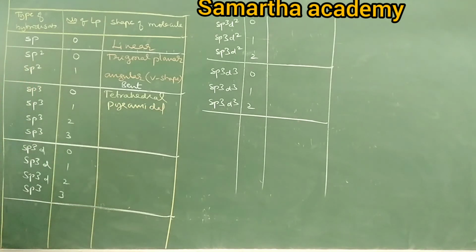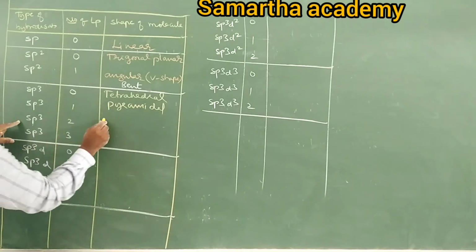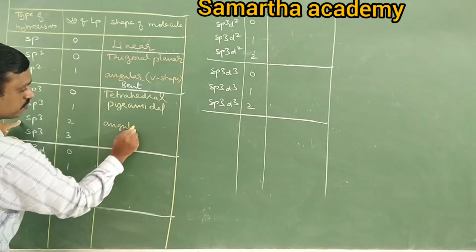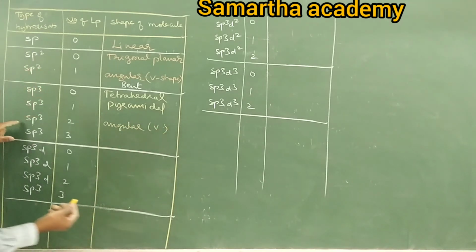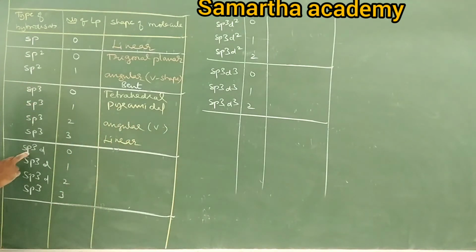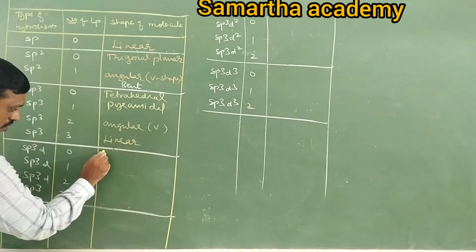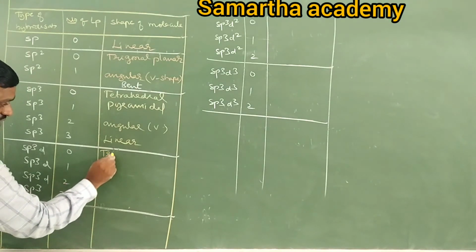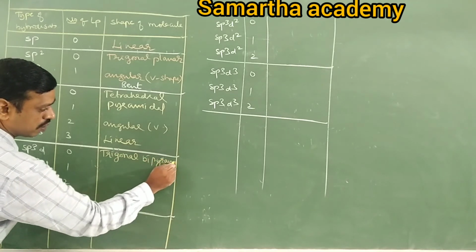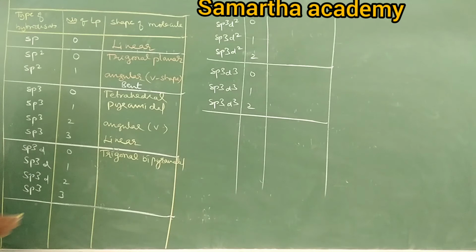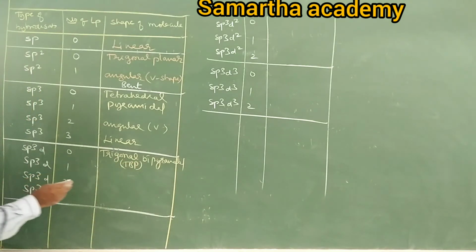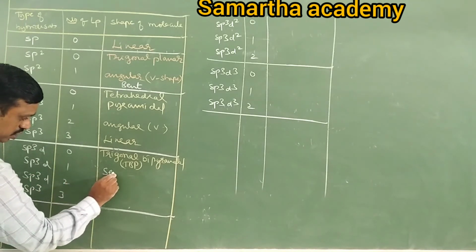Tomorrow I'll ask this for everyone. sp3 with 2, angular like water, angular or V shape. sp3 with 3, it is linear. sp3d with 0, trigonal bipyramidal, yes, like PCl5. It is also called TBP, no? TBP. Next, sp3d with 1, this is a seesaw.